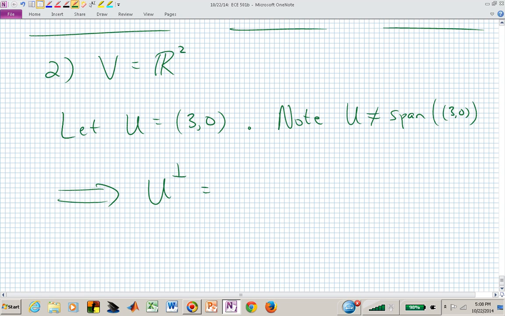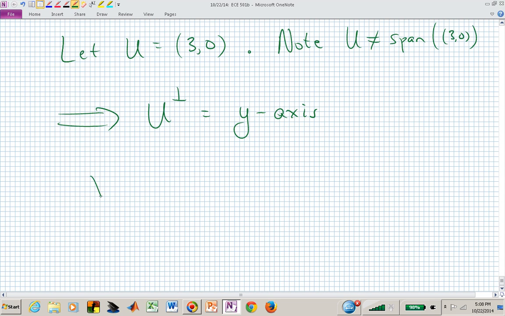It's now still the y-axis, isn't it? Because it has to be orthogonal. Every vector in U perp needs to be orthogonal to (3, 0), and the only way to do that is to have U perp being the y-axis. Can't have any component in the x direction.